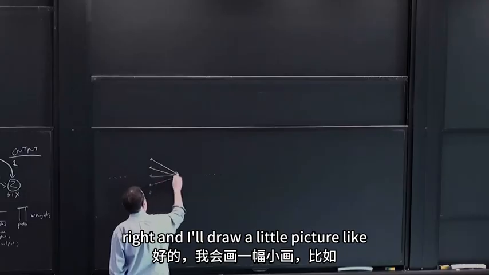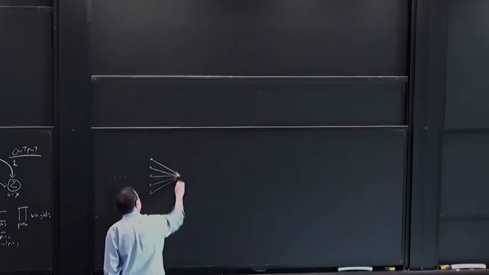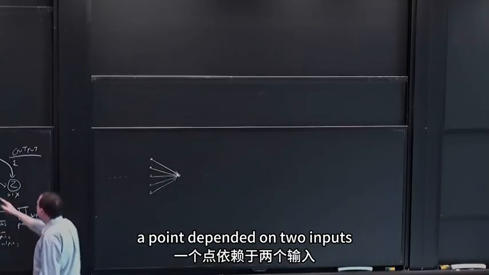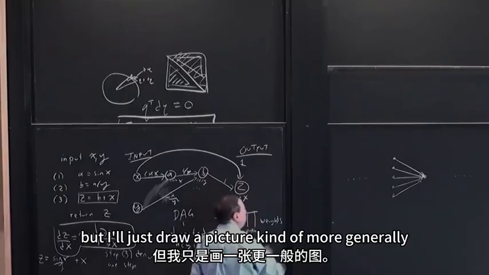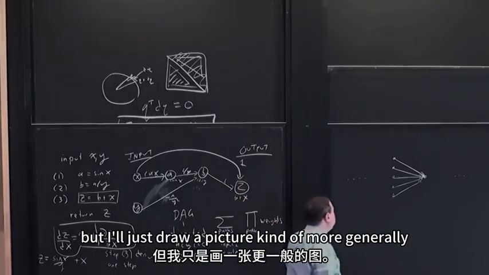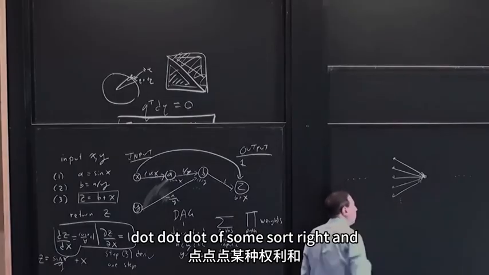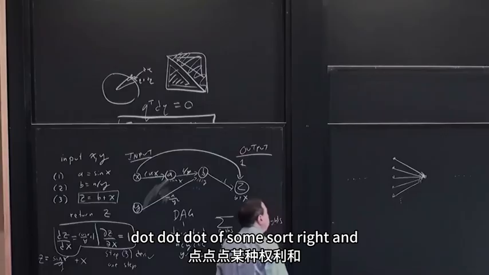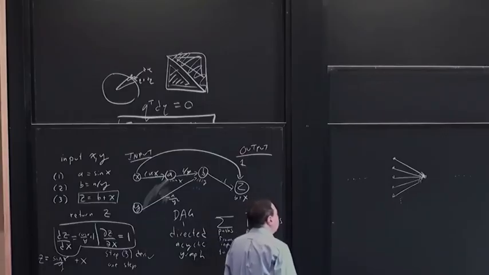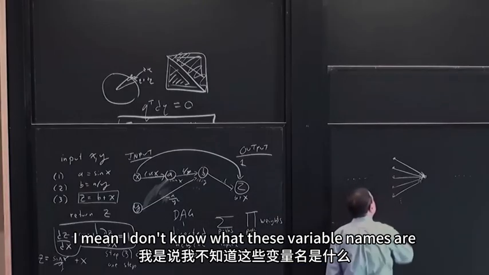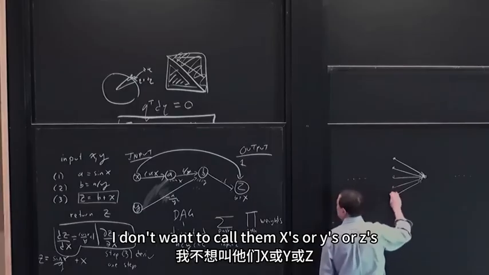I'll draw a little picture like this. Here I only had a case where a point depended on 2 inputs, but I'll draw a picture more generally, like 5 inputs. I don't want to call them x's or y's or z's, so maybe I'll call them a's.